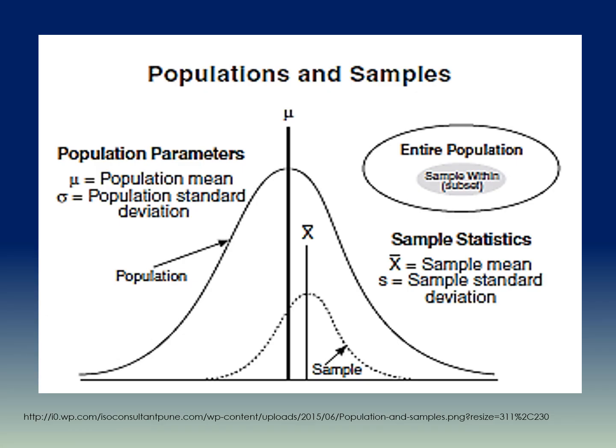So here's a visualization of what I was chatting about on the previous slide. In this slide we see two different curves. Number one, we see the population curve, or the normal curve. The mean for the population curve is called mu, I do believe, and the population standard deviation is called sigma.